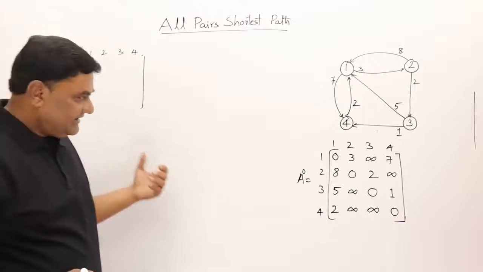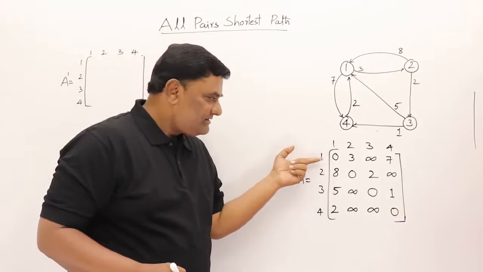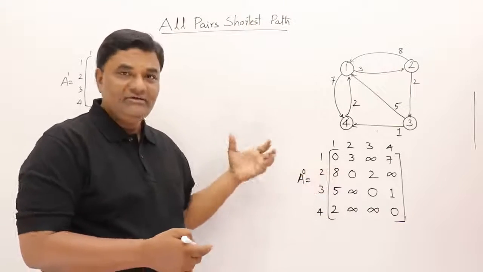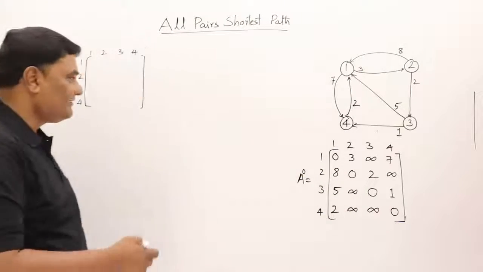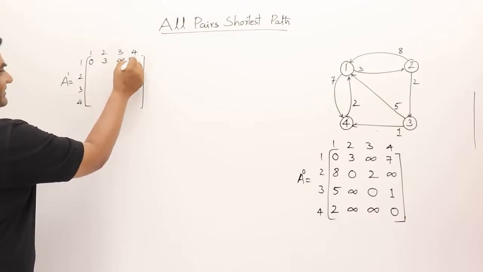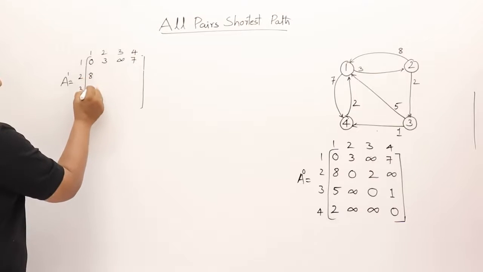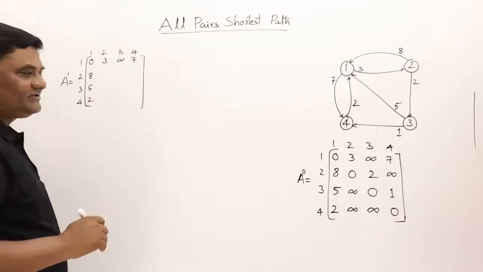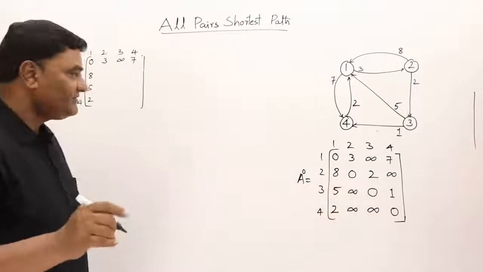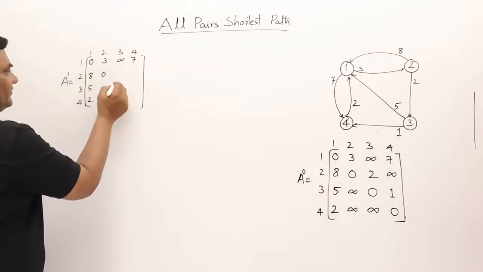When I say vertex 1, all the paths that belong to vertex 1 will remain unchanged, so I should not calculate them. Directly I can take them here. Those values are 0, 3, infinity and 7, and these are 8, 5 and 2. So the first row and first column I have taken as it is. Then what about the diagonals? There are no self loops, so I will fill those diagonals also.